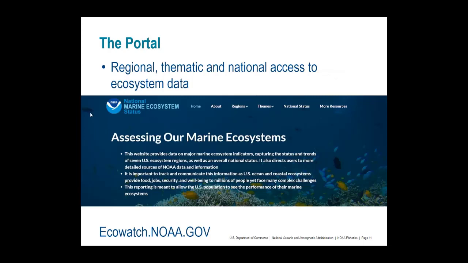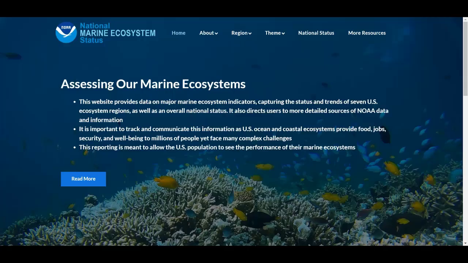So I'm going to switch over away from the PowerPoint right now into an actual tour of the website so that you guys can see firsthand some of the things that I'm talking about. So if you go to the main homepage, which I said before is ecowatch.noaa.gov, you're greeted with this landing page, which breaks down the key purposes of the website and why we're doing what we're doing here.